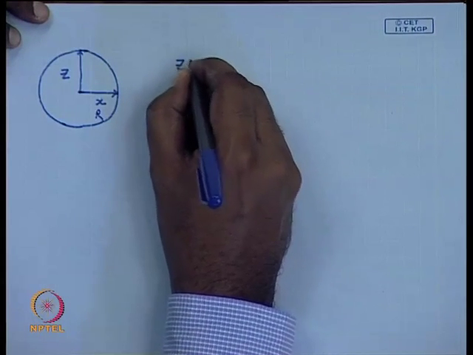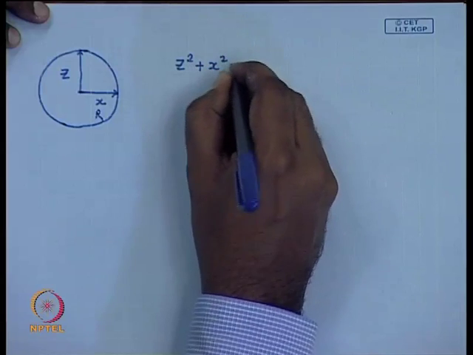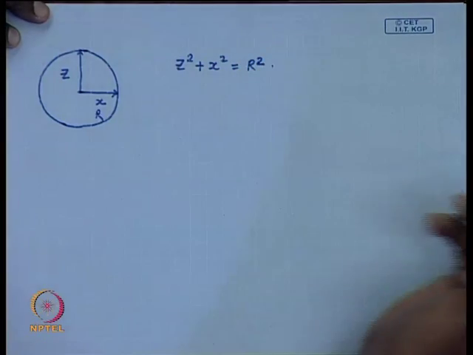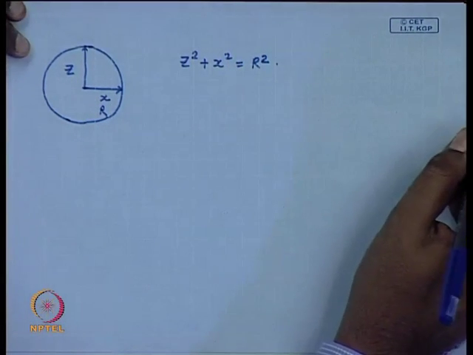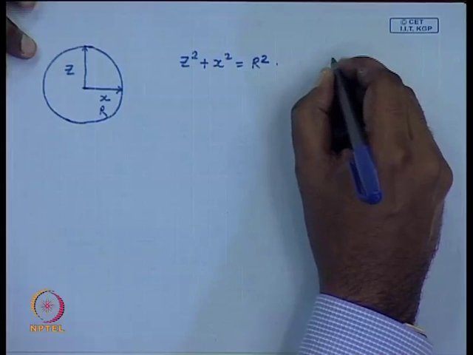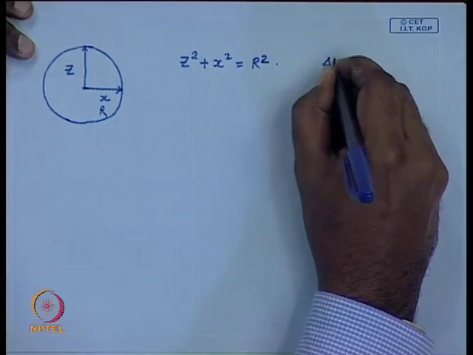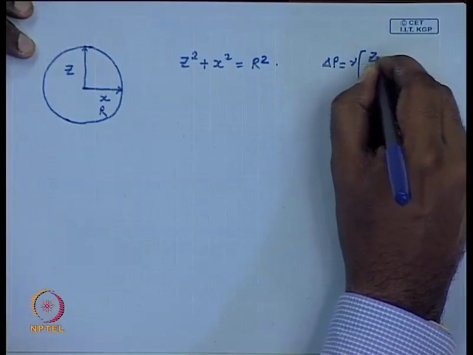So, the equation of this particular circle is... If we want to look at the generalized expression for the axisymmetric surface, which we will eventually look at, let us have the equation here.